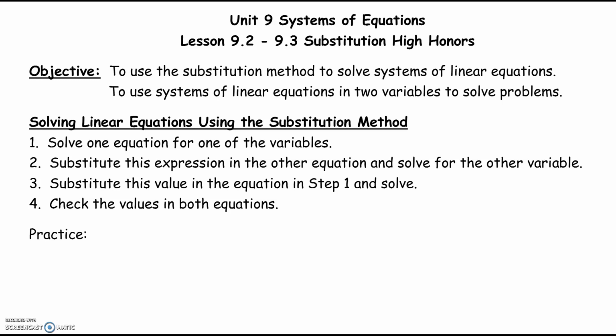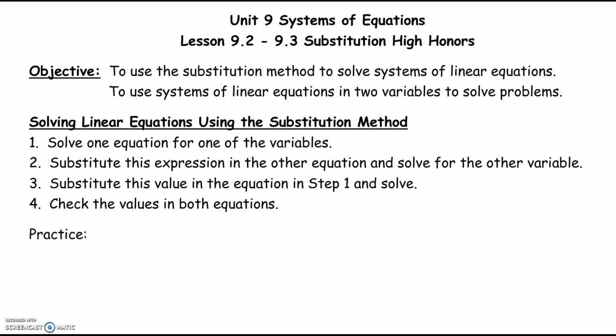So there's some steps here, 4 steps for solving linear equations using substitution. The first thing you want to do is make sure that one of the equations in your system is solved in terms of a variable. Once you do that, you'll take and substitute what that expression is for that variable into the other equation.